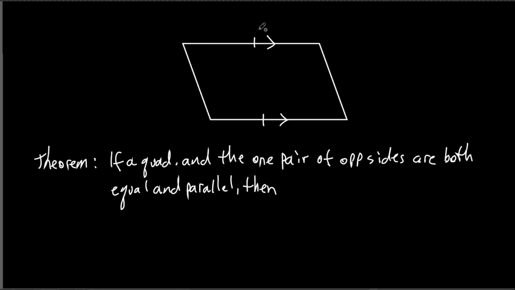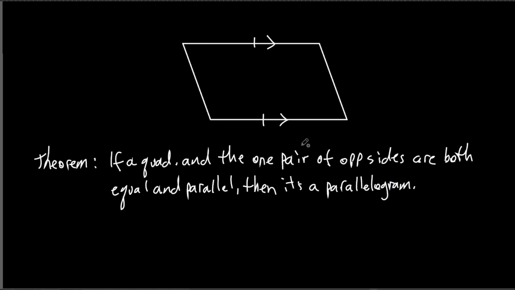If I know that one pair of opposite sides are both equal and parallel, what can I say about this whole thing now? Then it's a what? It's a parallelogram, right? It's going to be the same answer every time, okay? So you shouldn't even have to think about it. Parallelogram. I guess I could have just written a little picture for it, but there you go.